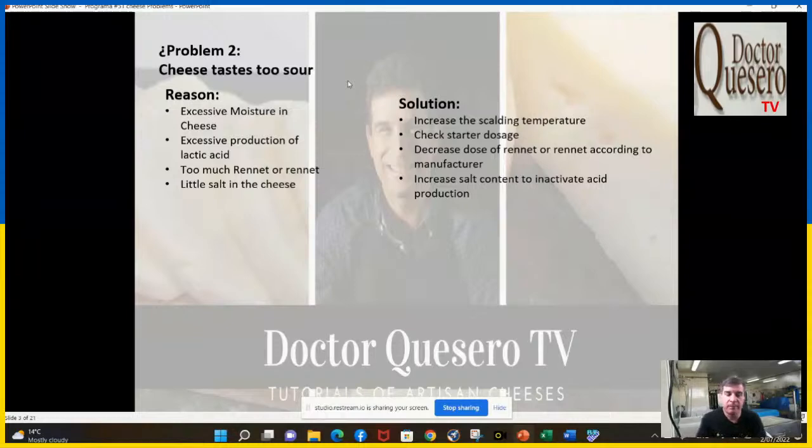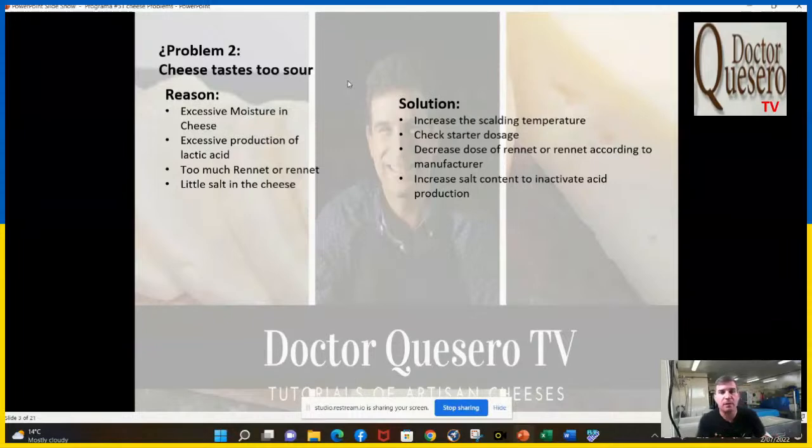Another solution is to increase the salt content to slow down the acid production, because most bacteria cannot tolerate salt.